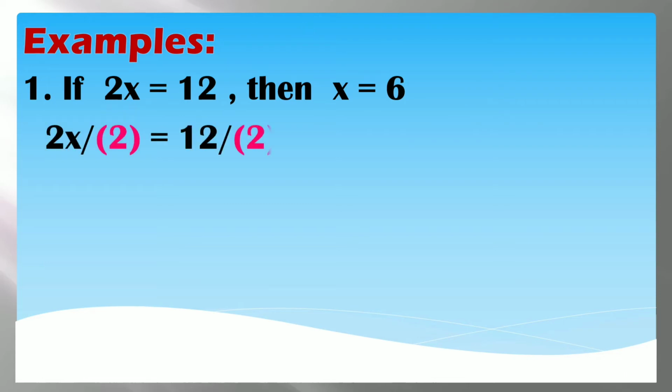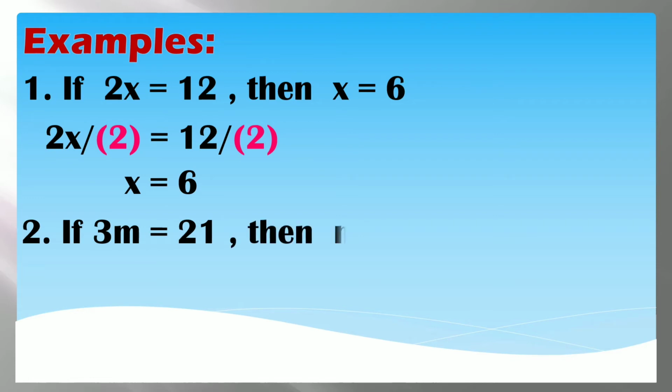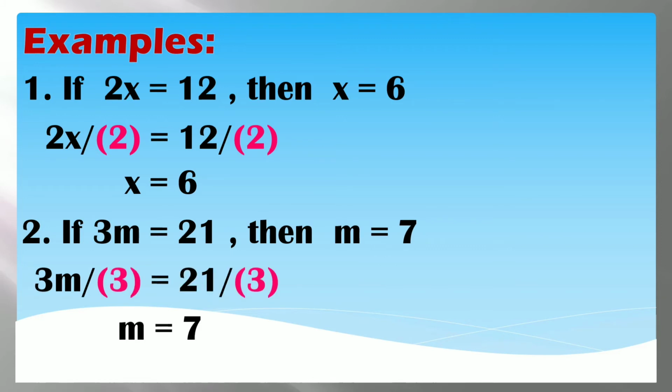So, 2x over 2 equals 12 over 2. Therefore, x equals 6. Number 2, if 3m equals 21, then m equals 7. Nag-divide lang tayo ng 3 both sides. Pag division property of equality, magdi-divide lang po tayo ng number both sides.